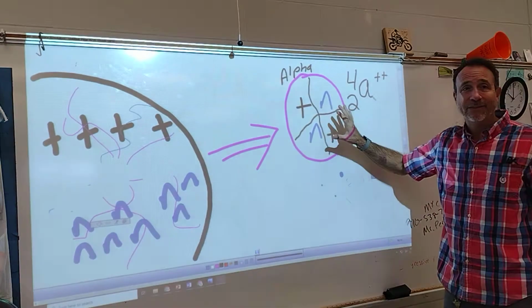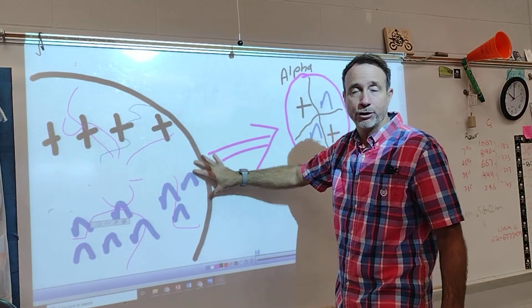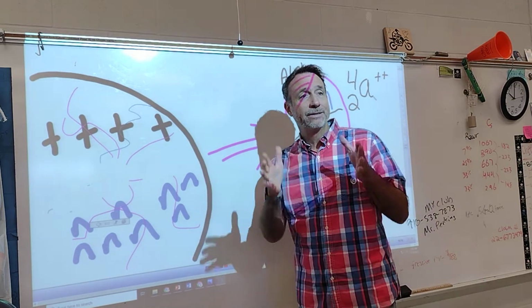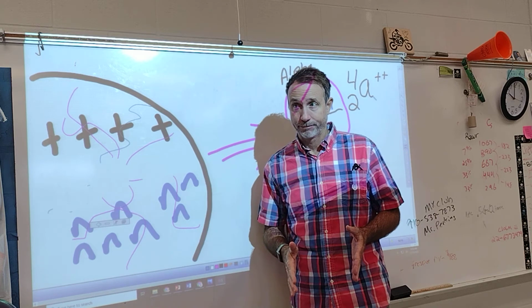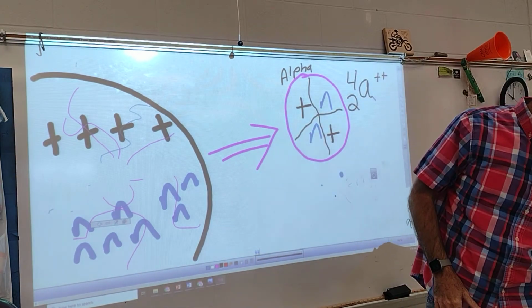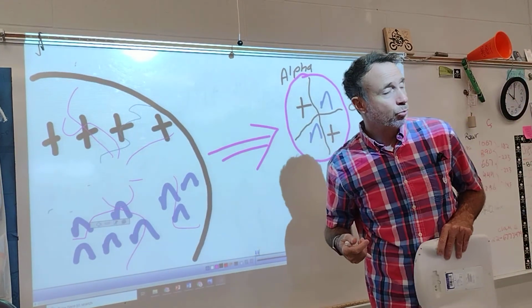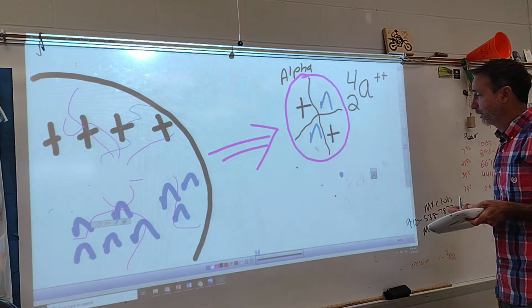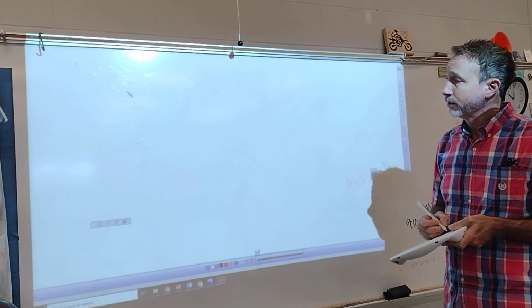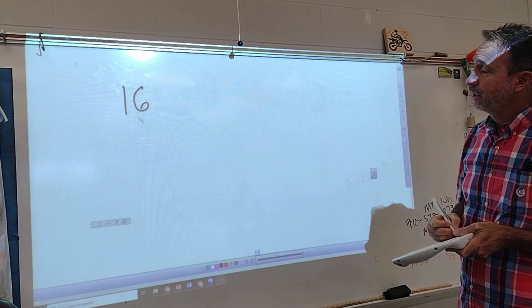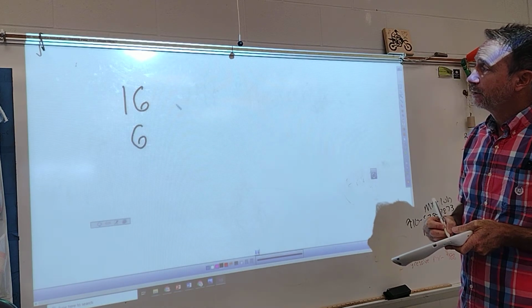I want to write this picture that I just drew for you as a really simple math formula. I already felt some of you frown, but you won't when you see how simple it is. Watch this. The first nucleus we had was 16 over 6 carbon.